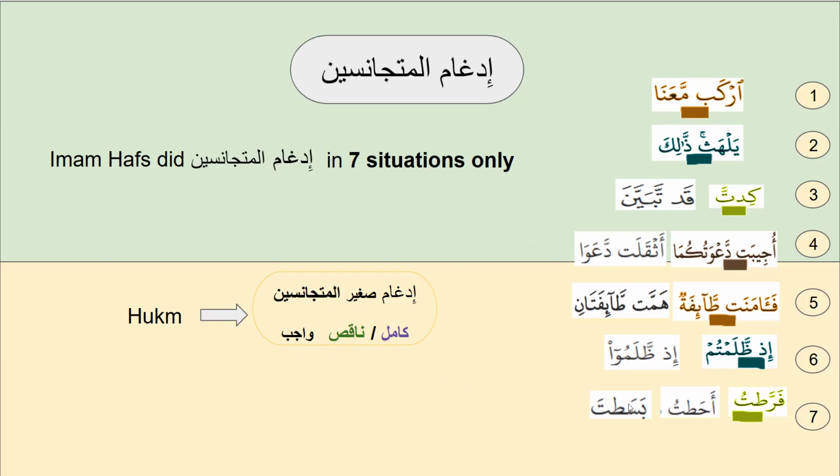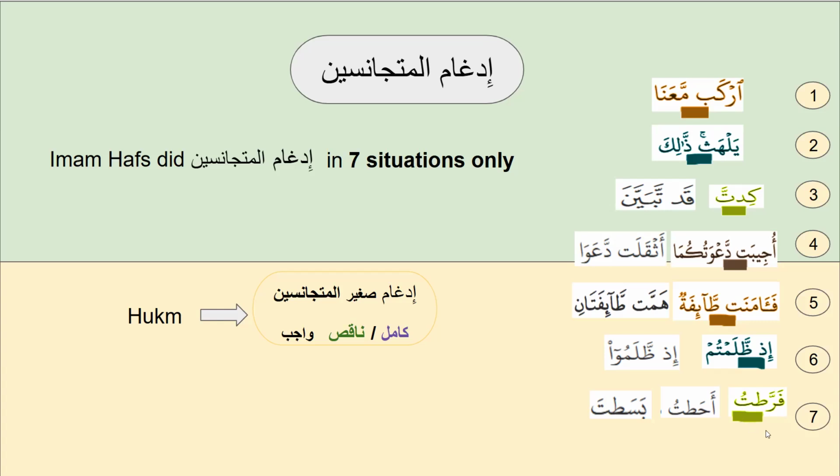For example, the last point here, you can see farrattu, the ta cannot merge completely into the ta because ta has all the strong sifat. For example, it has isti'ala, it has itbaq. Those heavy strong characteristics prevent a complete merging. So we say it's an incomplete merging.